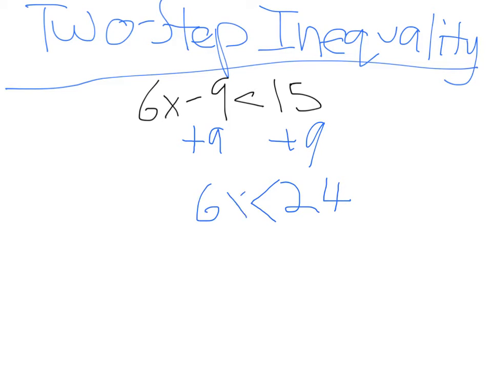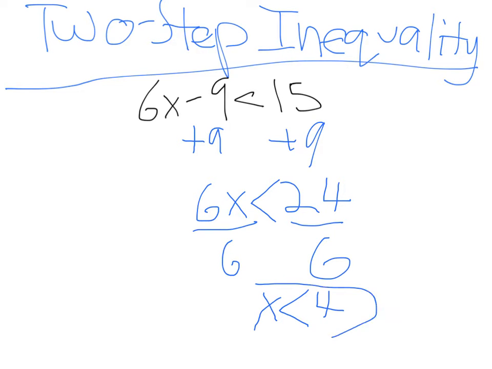So what you're going to do is divide both sides by 6. So 24 divided by 6 is going to give you an answer of 4. So your answer will be x is less than 4. Wait, no, you're adding on to.